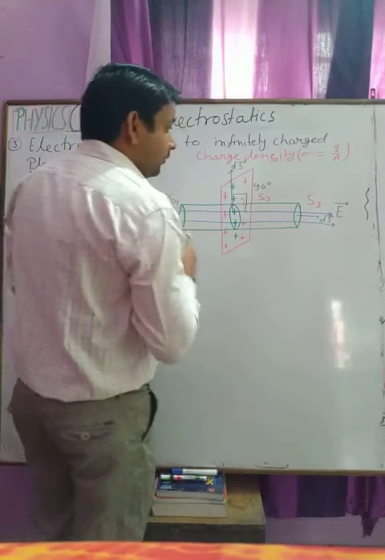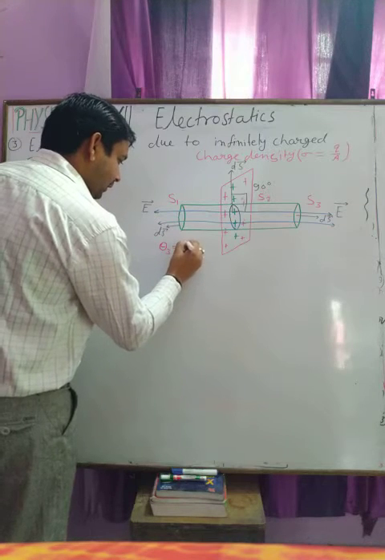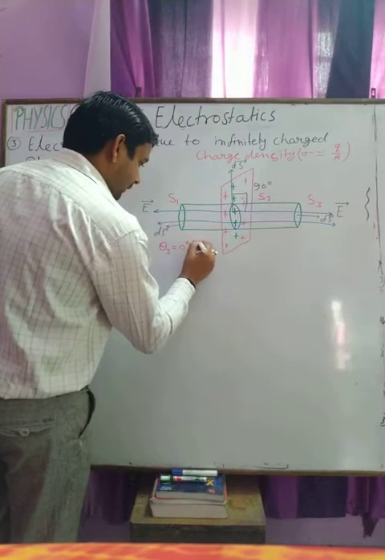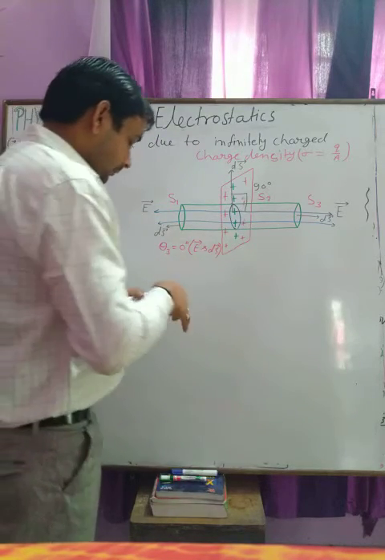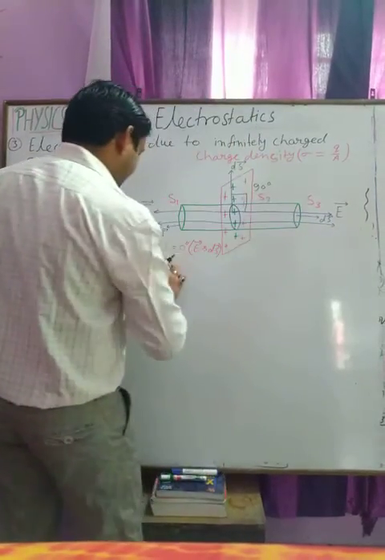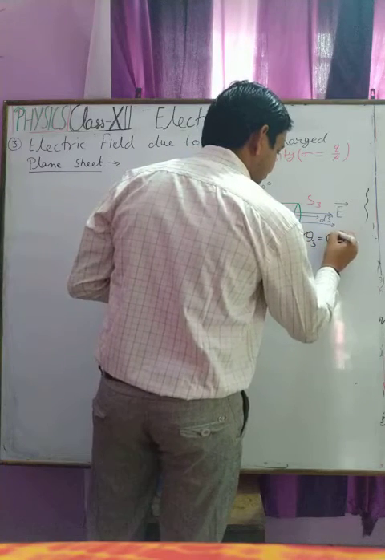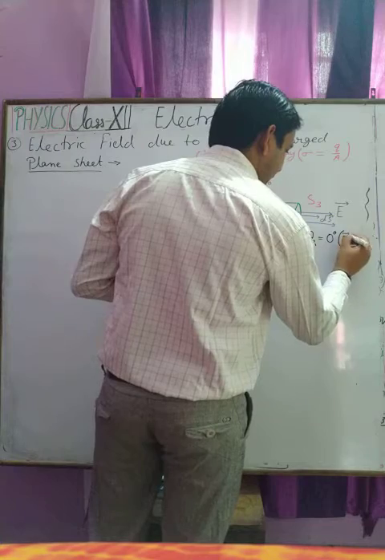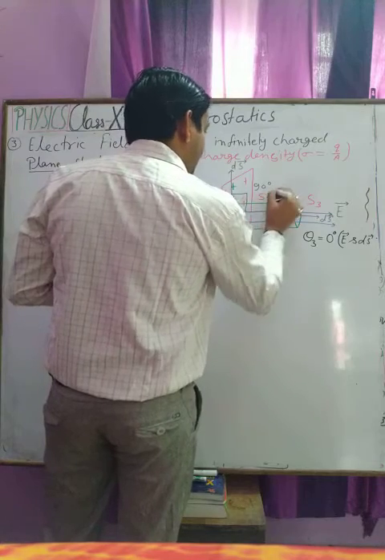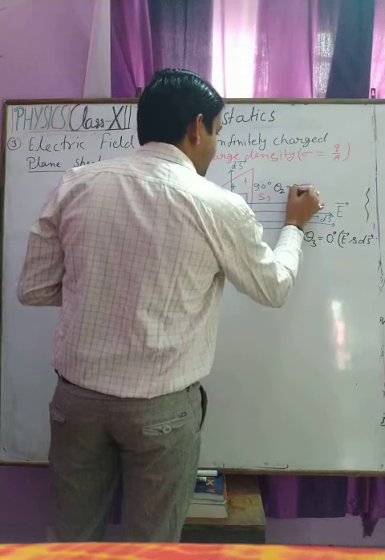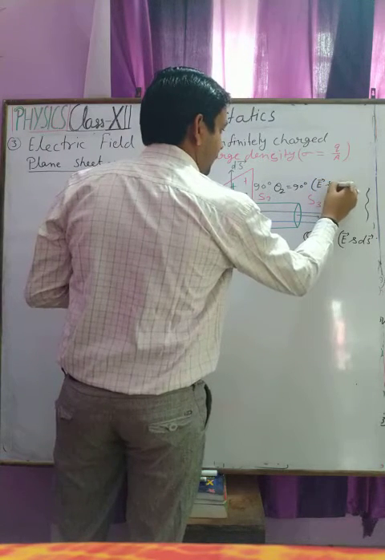Now we specify the angle: theta 1 and theta 3 are 0 degrees between vector E and ds, and theta 2 is 90 degrees between E and ds.